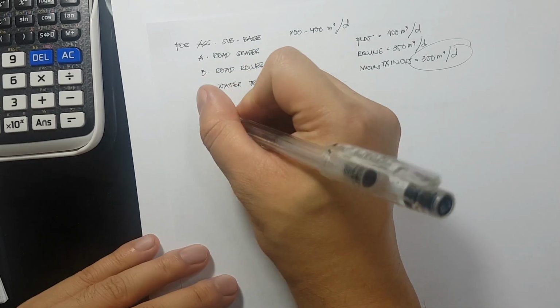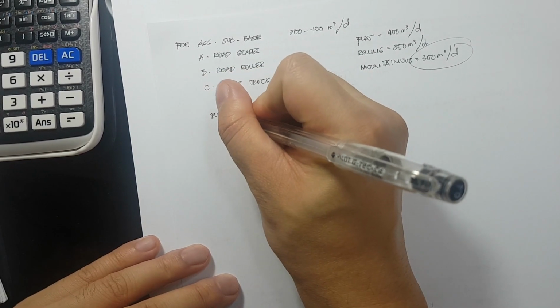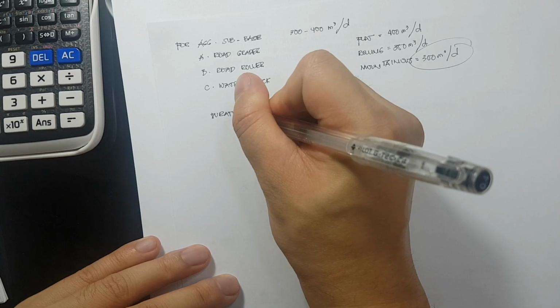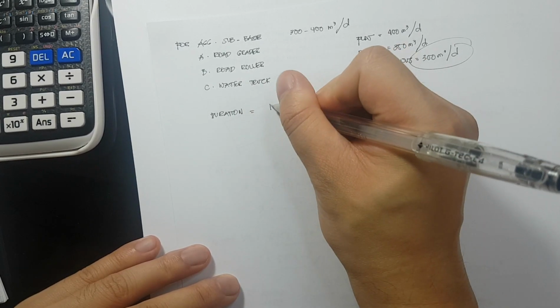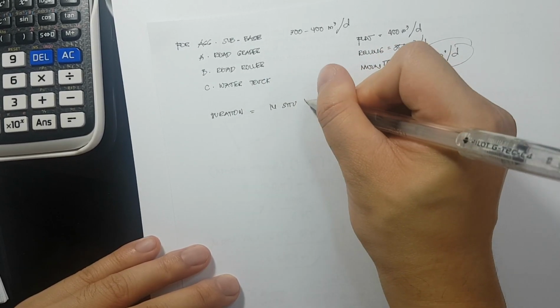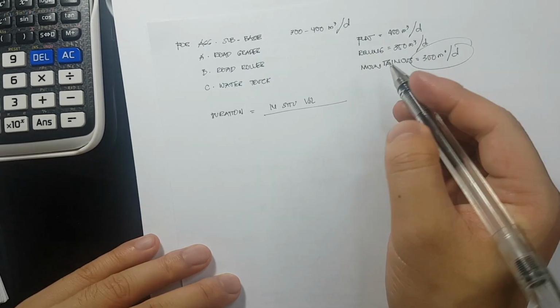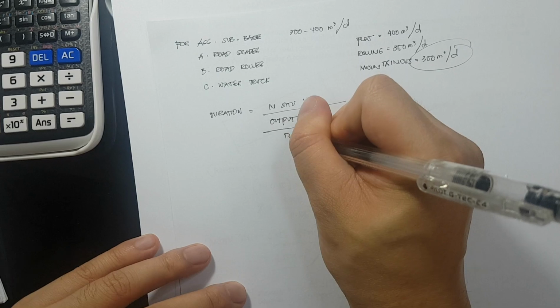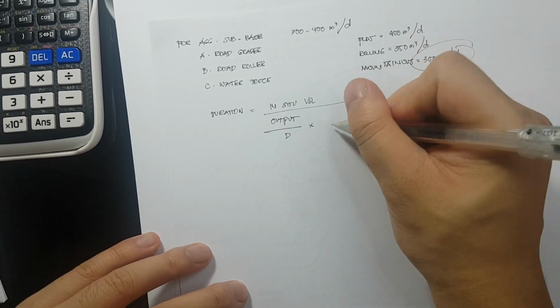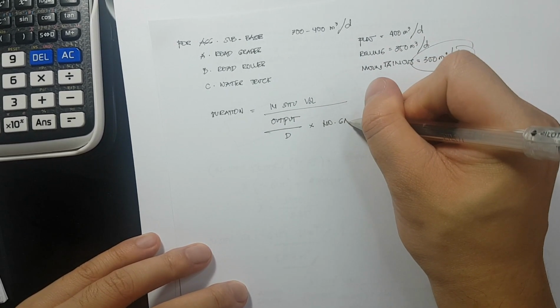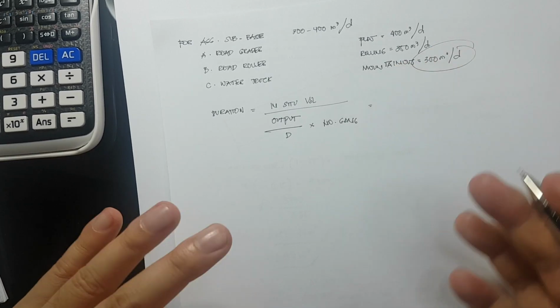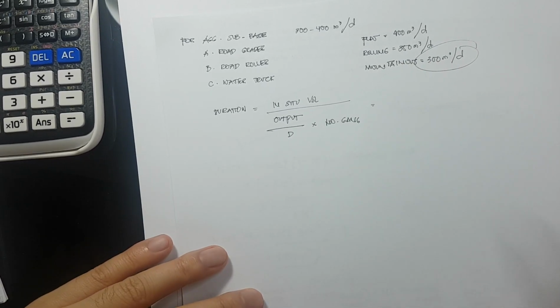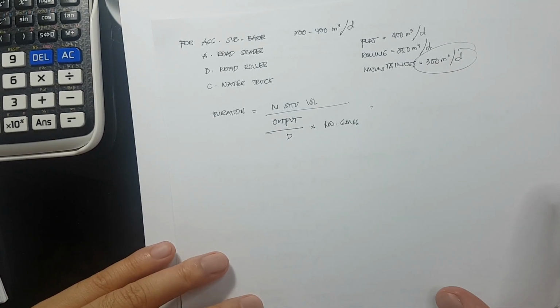Now, for the duration, okay, duration is equivalent to in situ volume divided by the output per day times the number of gang. Okay, so take note, this is just unit analysis.